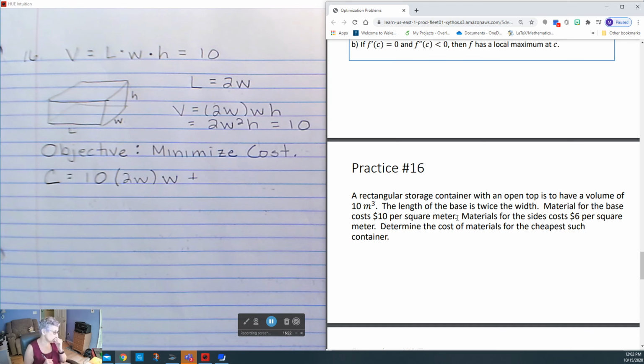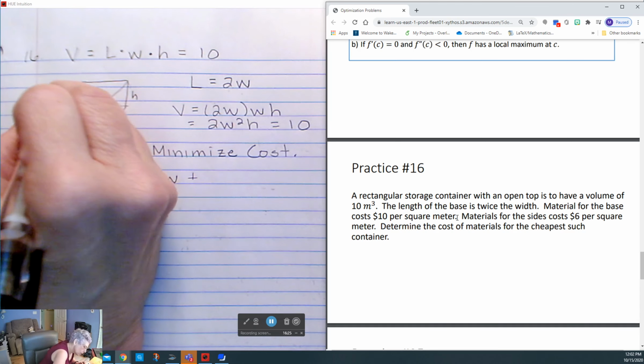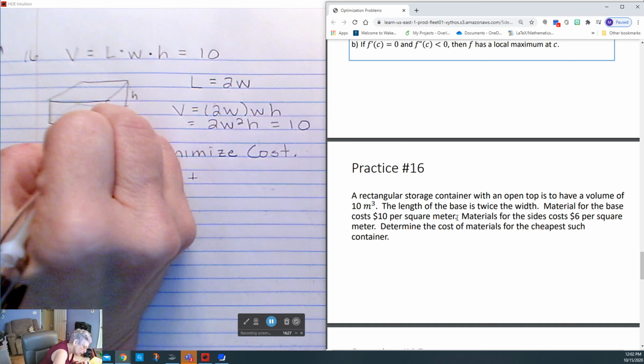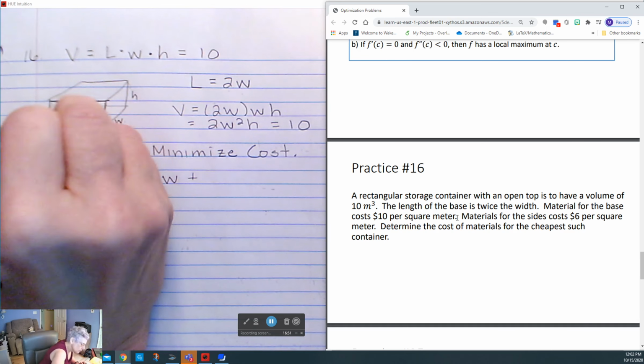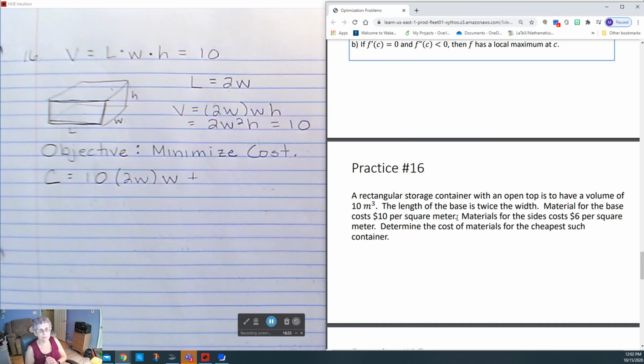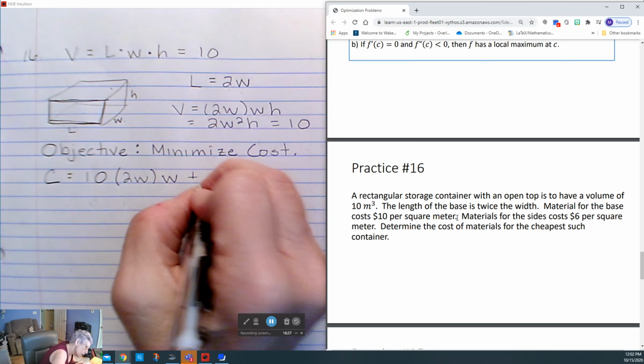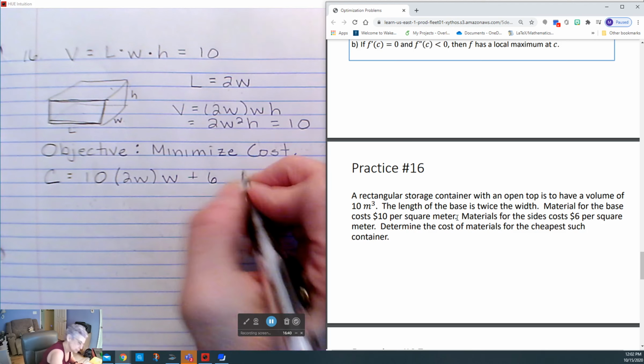I have two sides which are L times H. So I have this one and the one opposite that's on the back of the box that are L times H. They cost $6 per square meter.